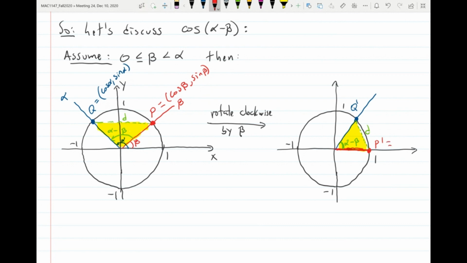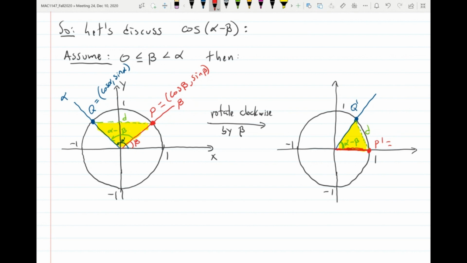What are the coordinates of P prime? Who can tell me the coordinates of P prime? Come on, that's the easier one to get. Look at the picture. Look where I drew P prime.